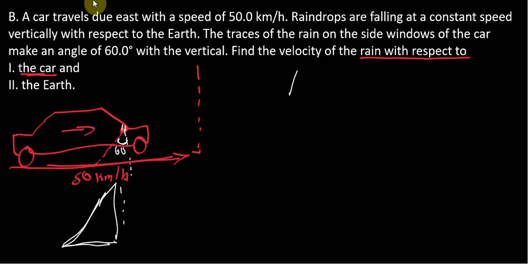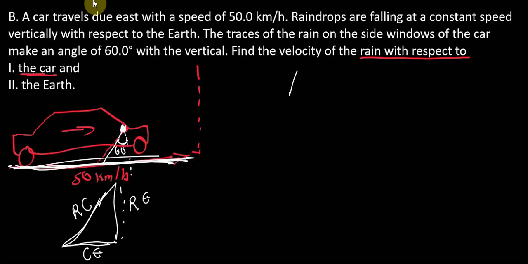So this side, it is the rain respect to the what? To the earth. Then this side, this is the car. So we have rain with respect to the what? To the car. Then this side, it is the car respect to the earth, because that's where the car is moving like that.